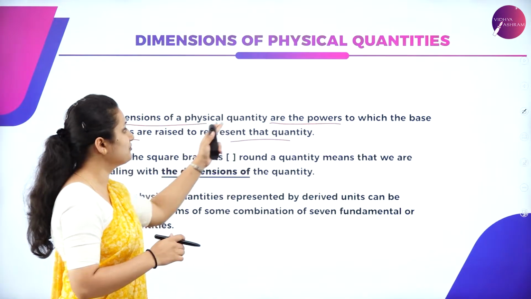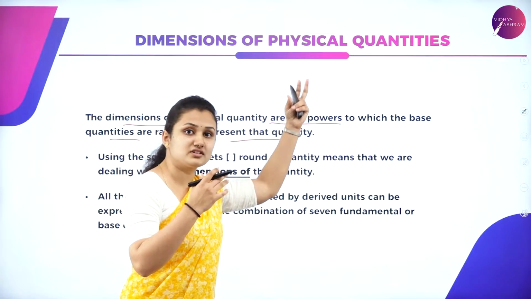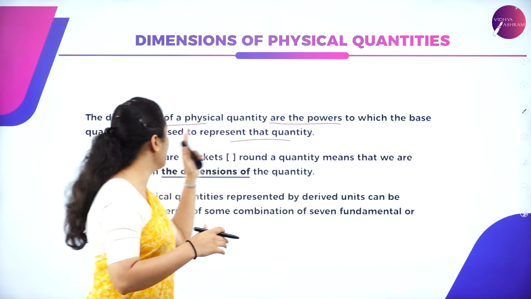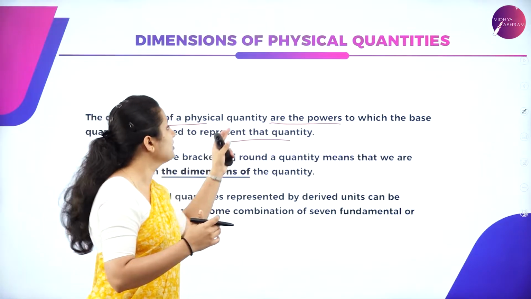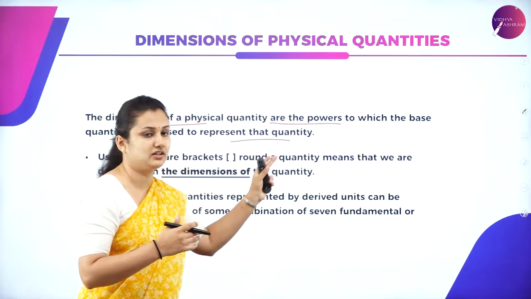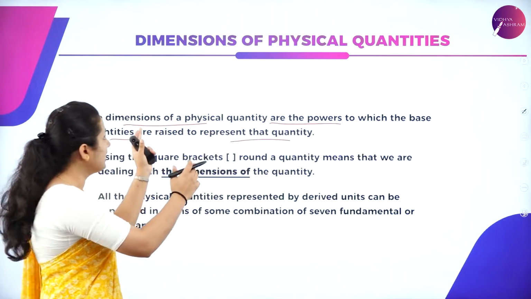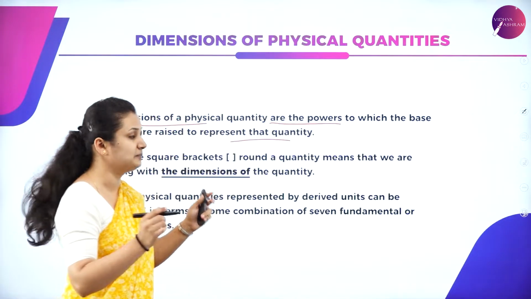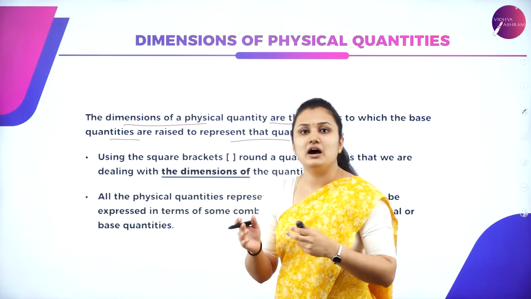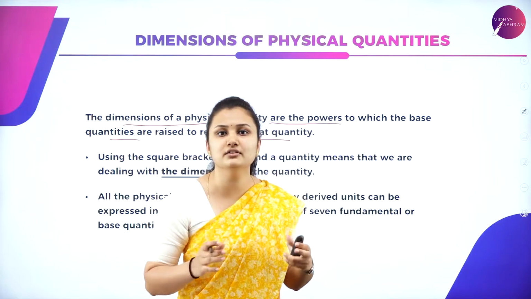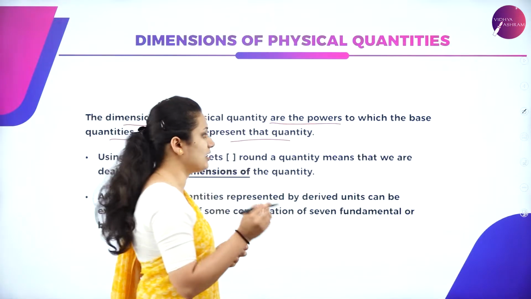So, dimensions of physical quantities are the powers to which the base quantity or the fundamental quantity is raised to represent that quantity. For example, we know length, mass, area, volume, all are physical quantities. Let me take the example of area.